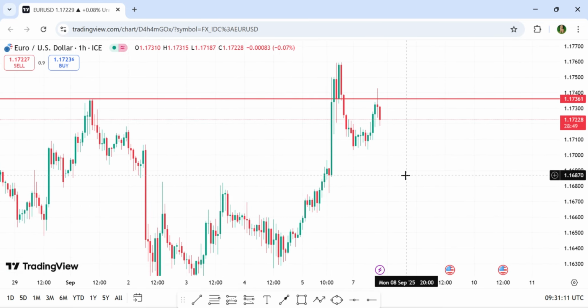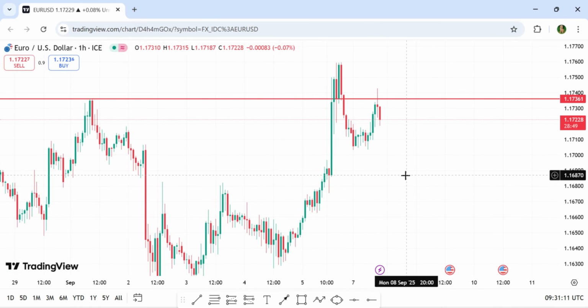So now let's go to our next pair, which is gold. On the gold chart, we can start from 4 hours, and we can see that gold has been on a rally for a long time, since the better part of last week.